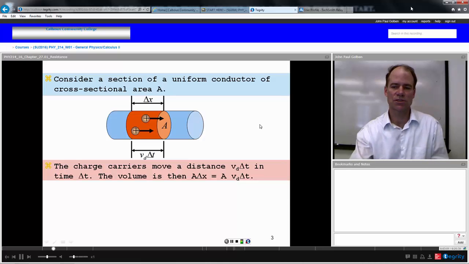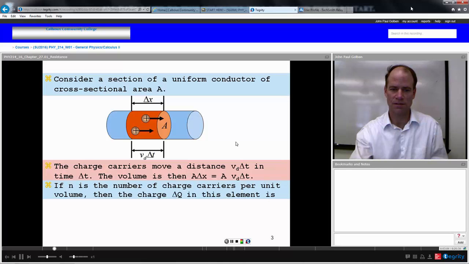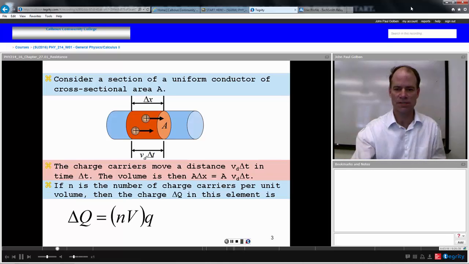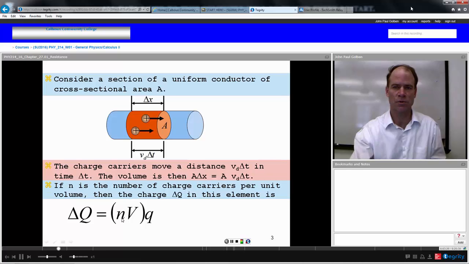We're going to say those charges move some distance equal to delta x, their velocity times time. So if n is the number of charge carriers per unit volume for this material, then the total charge in this segment will be equal to the number of charge carriers per volume for this particular material, it could be copper, gold, silver, whatever, times the volume, so that will give us the number of carriers, times the charge per carrier.